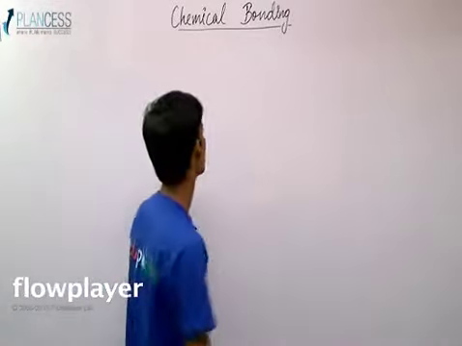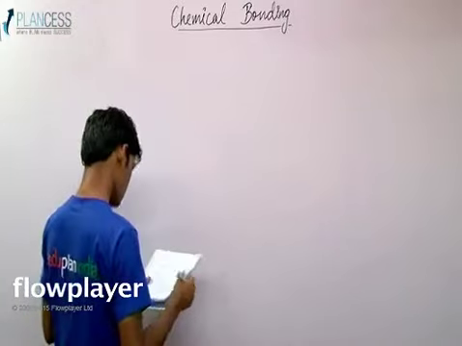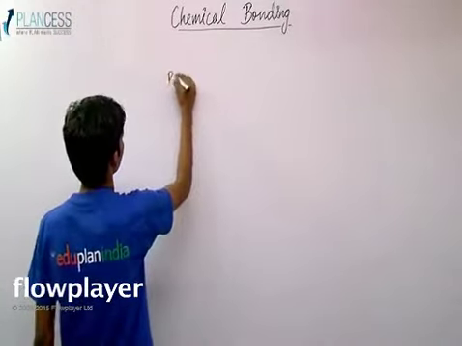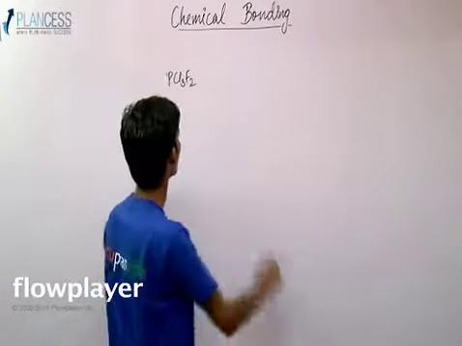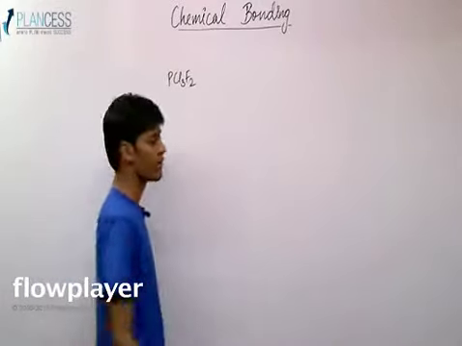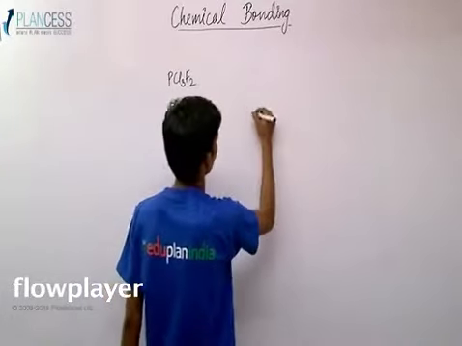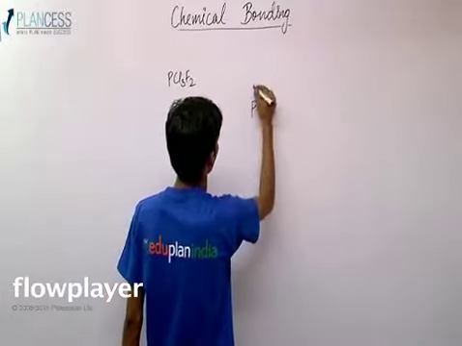So let us consider two more examples. Let's say we take PCl3F2. A few points are to be kept in mind: first, there are a few possible structures.